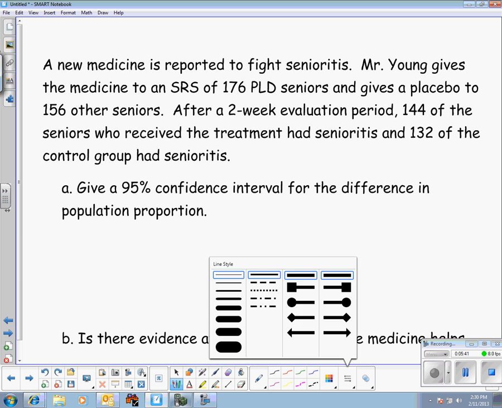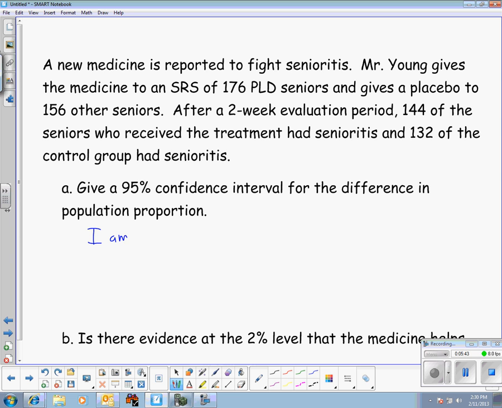So let's put that into words. I am 95% confident that, now think about what that was a measurement of. That was a measurement of the proportion who had the drug that got the disease minus the proportion who did not have the drug who got the disease.